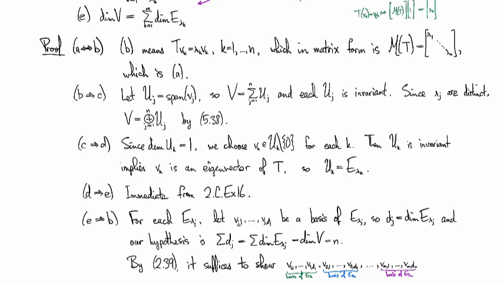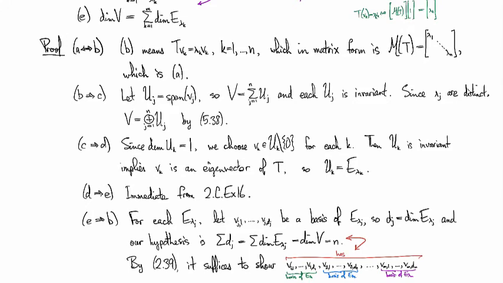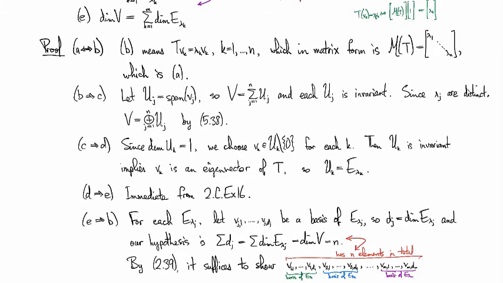And so what we have from this previous line is that this list has n elements in total.